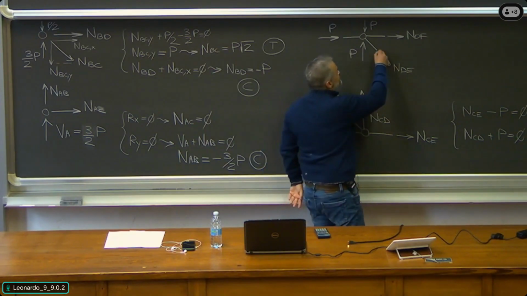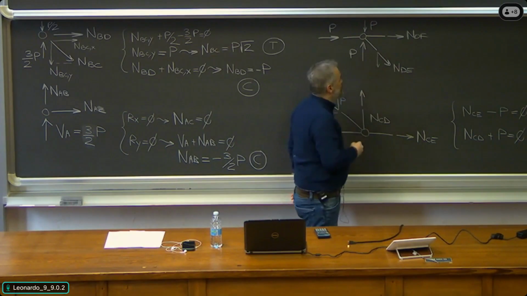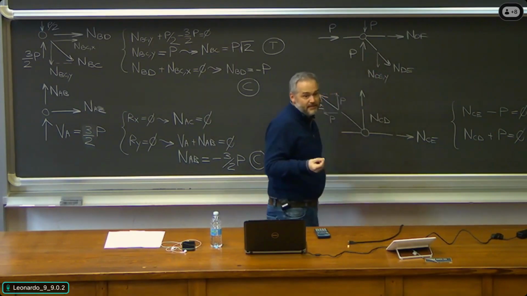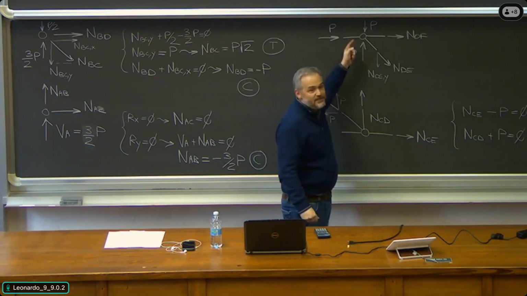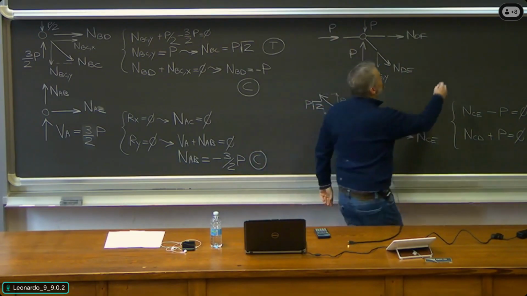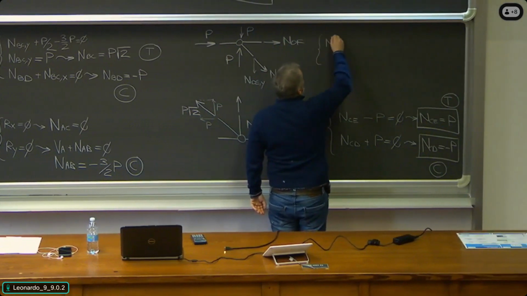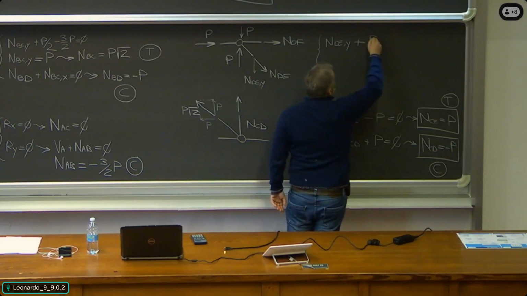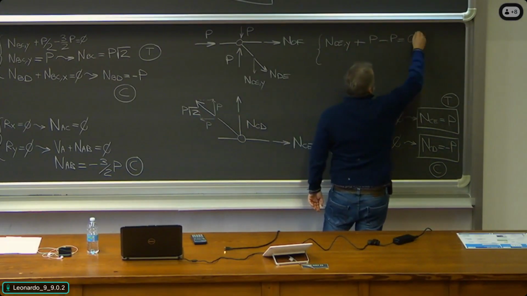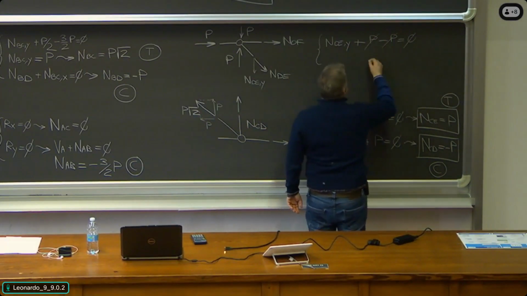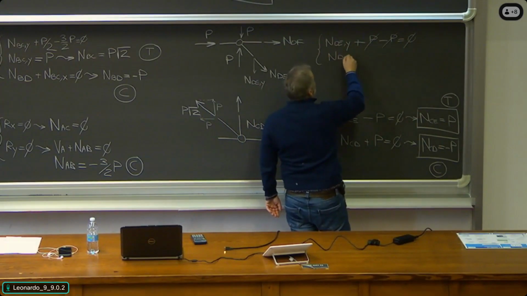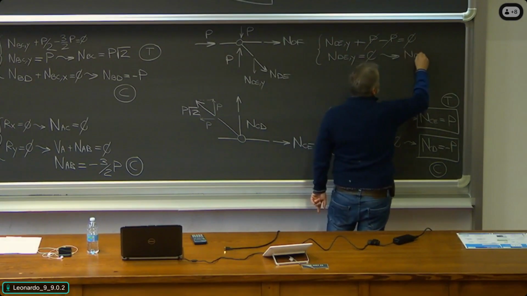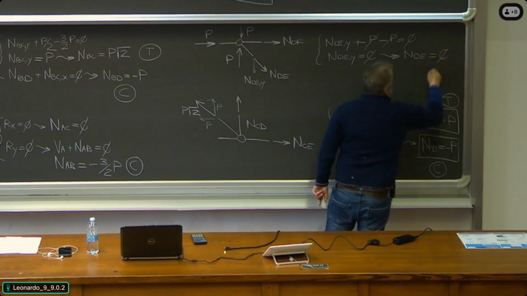Then we have the vertical component NDEy. But if these two forces cancel out, my equation simply reads NDEy plus P minus P equals 0, which means NDEy equals 0, which means NDE equals 0.